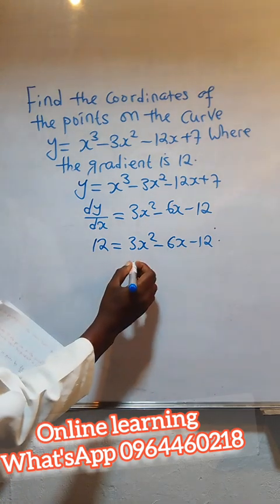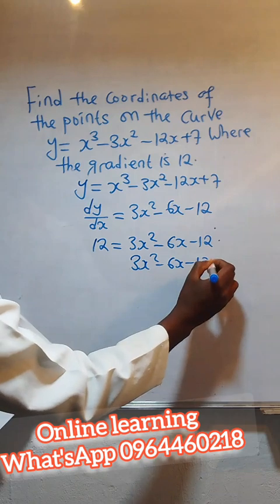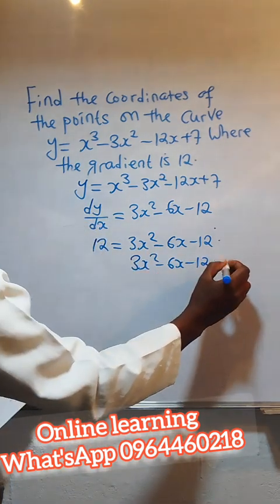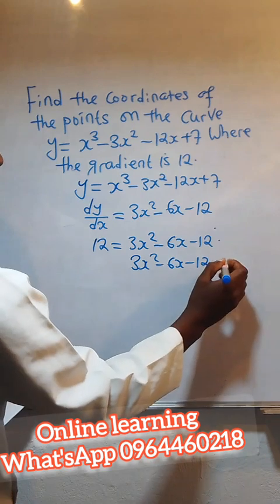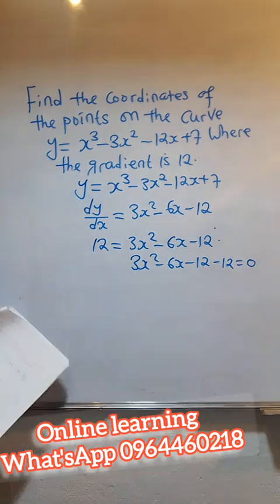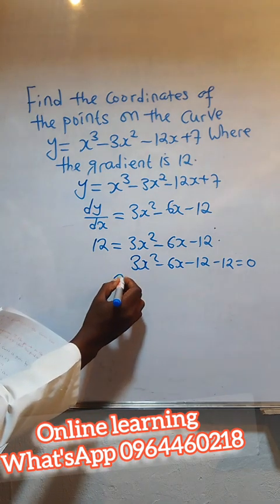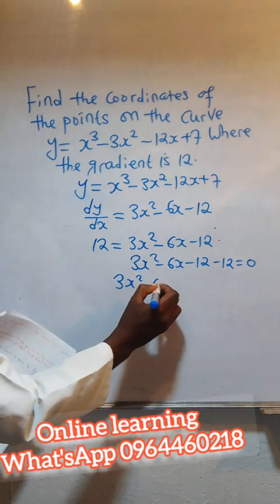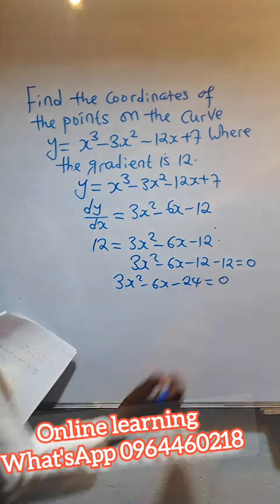So after we do that, this is 3x squared minus 6x minus 24 equals 0.